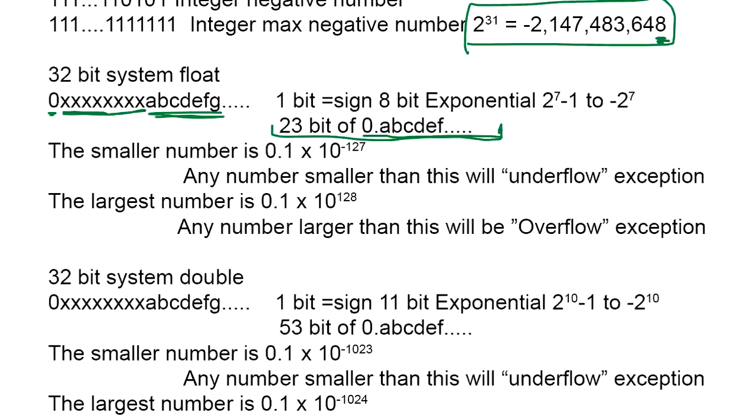So the exponent is 8-bit, so the smallest number is 10 to the minus 127, and the largest number is 10 to the 128. If the calculation value becomes smaller than this, then an underflow exception happens. And if larger than this, it's going to be an overflow exception.